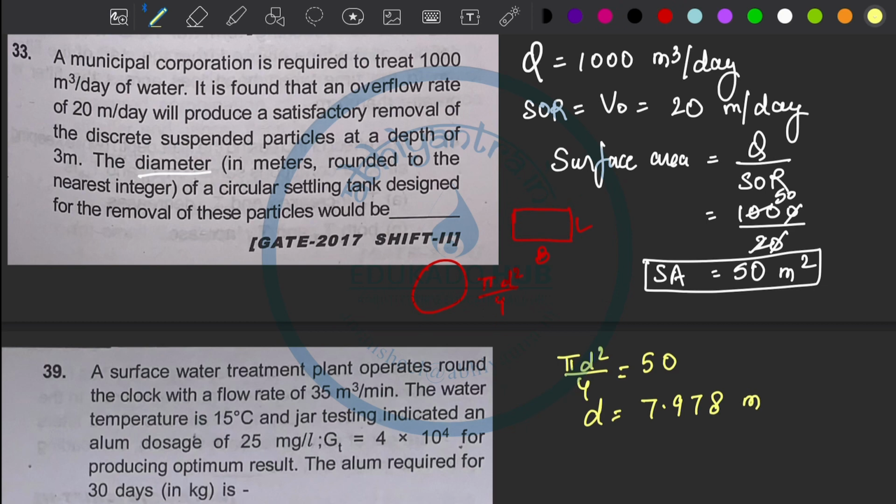I want the answer rounded to the nearest integer, so the answer we will put is approximately 8 meters. So the diameter of the circular settling tank is 8 meters.